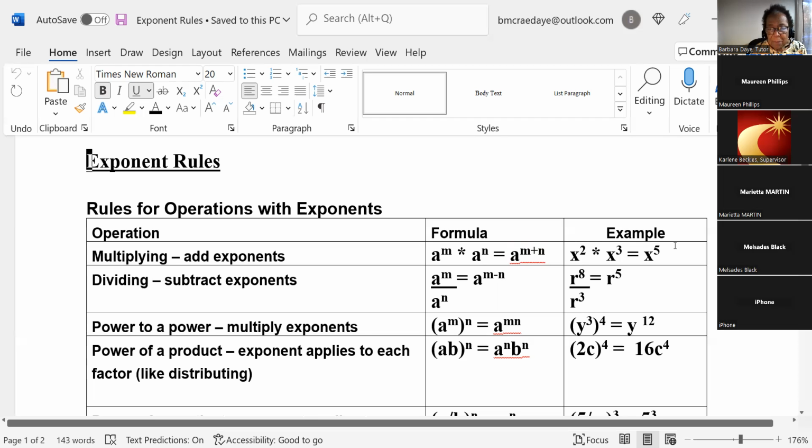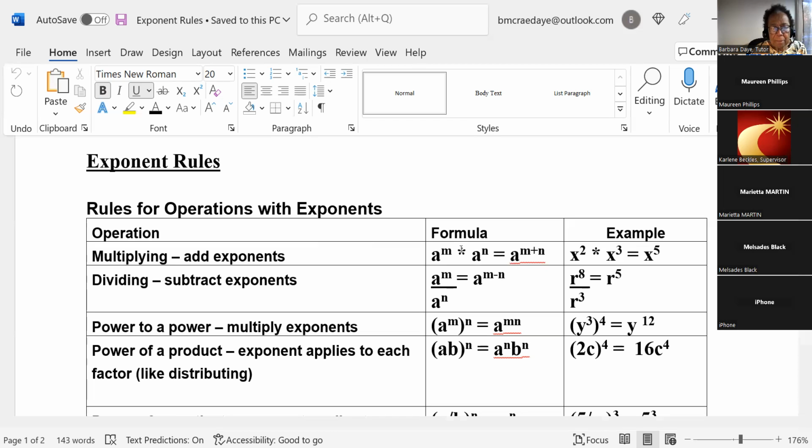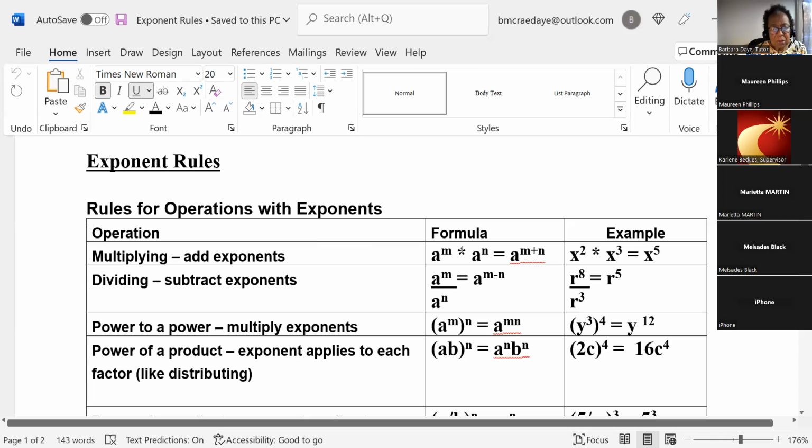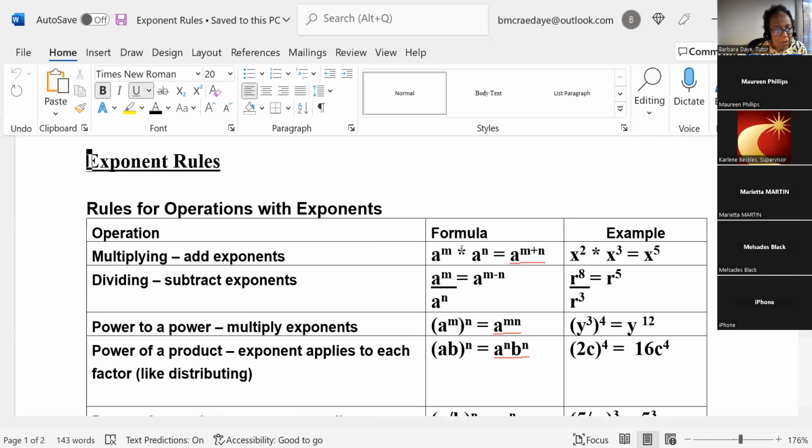No, that's not plus. This asterisk means times. That's multiplication. Oh, okay. Remember, multiplication is times. Like 4 times 5 is what, Marietta? 20.